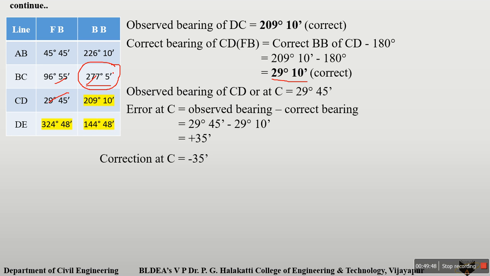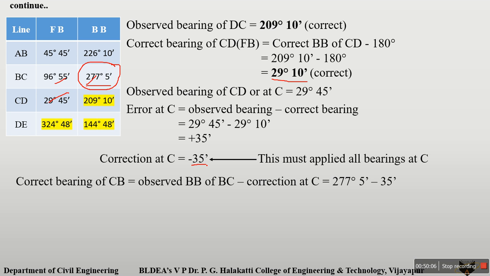This bearing is measured from the C station, so our correction is already known. This correction is applied to whatever bearings are measured at the station of C. So correct bearing of CB, or back bearing of BC, is equal to observed back bearing of BC minus correction at C station.